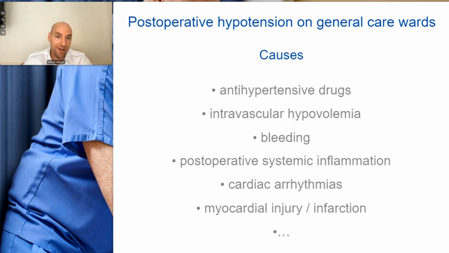We just start the chronic antihypertensive drugs patients are on before surgery. Patients usually do not drink and eat as much after surgery, so there may be intravascular hypovolemia, there may be a complication of bleeding, they may develop postoperative systemic inflammation, cardiac arrhythmias. So many potential causes for developing hypotension.